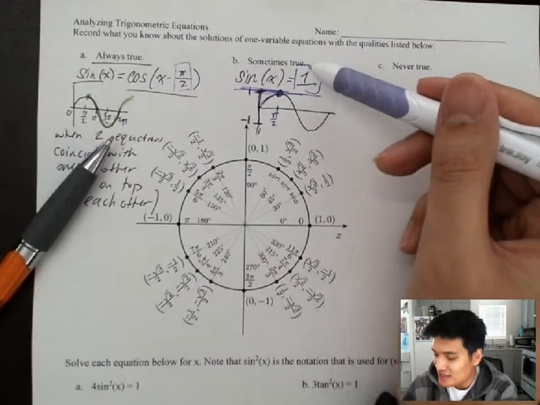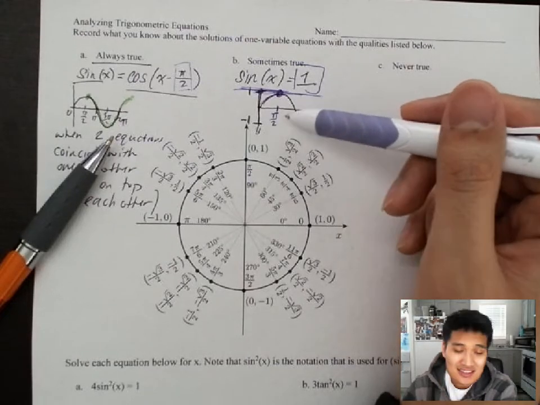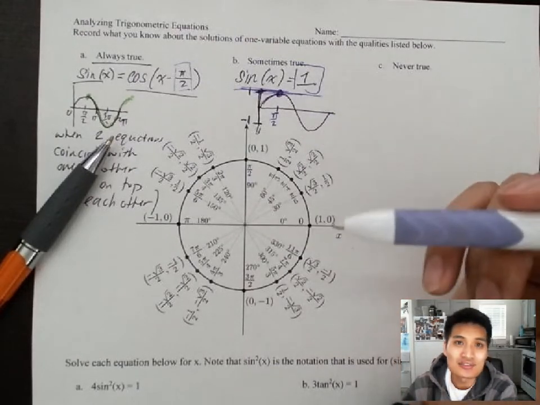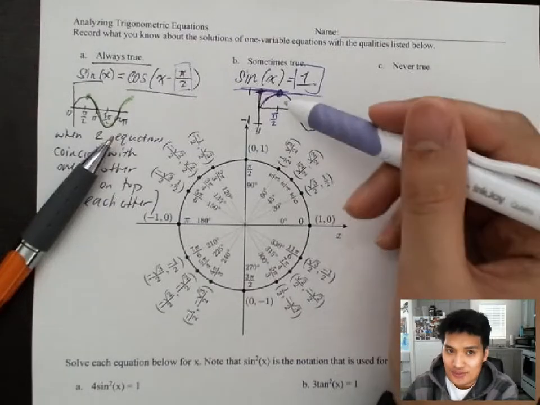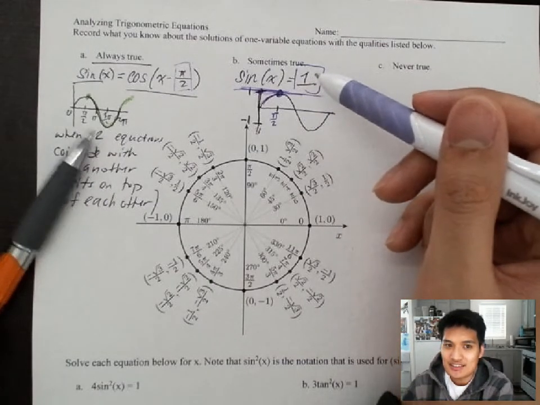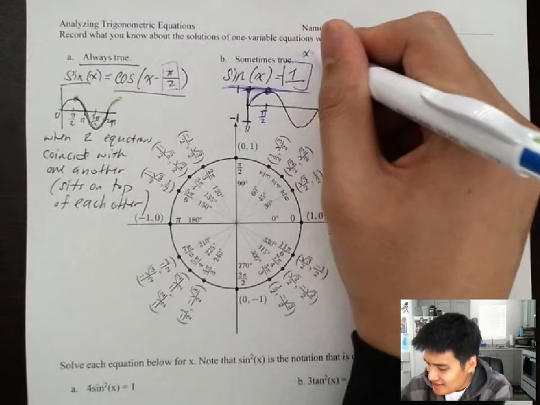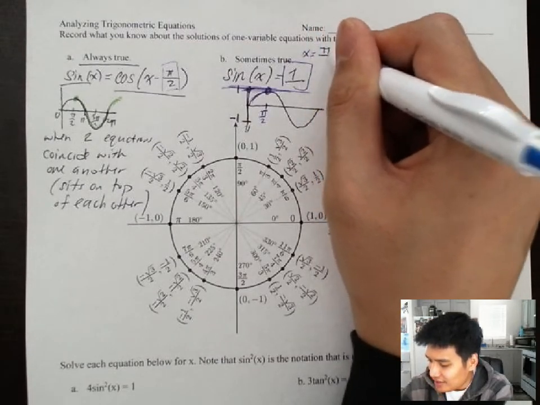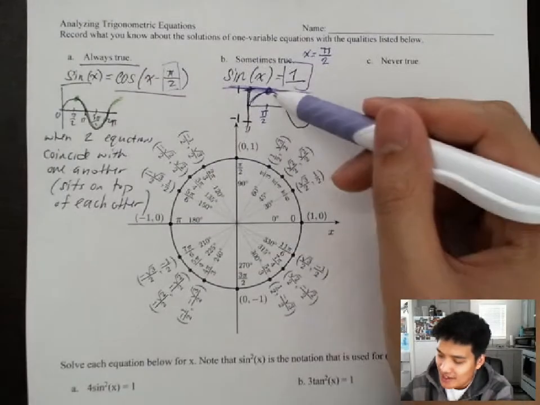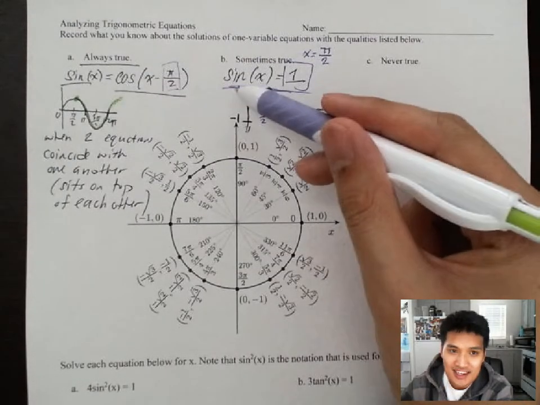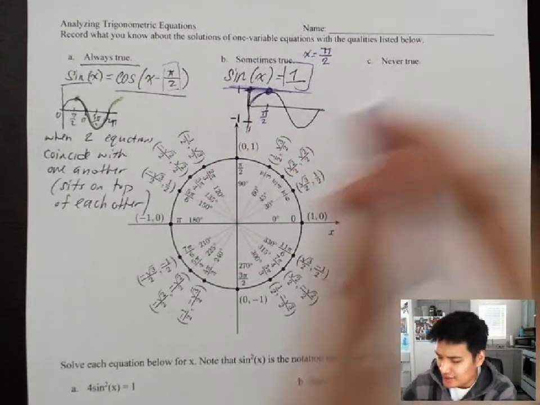So what it means by sometimes true, that just means there's a limited number of solutions. So in this particular case, we're going to say that x is equal to pi over 2, because that's where sine x is equal to 1.